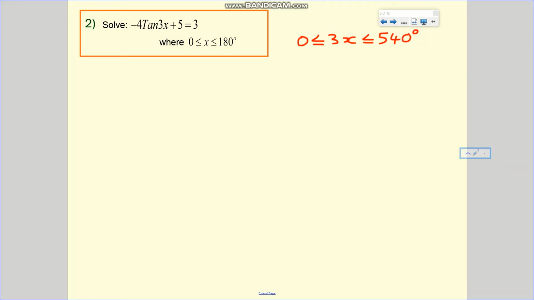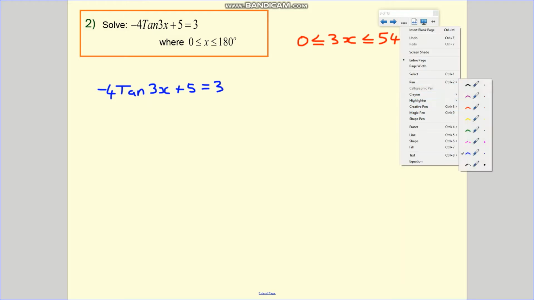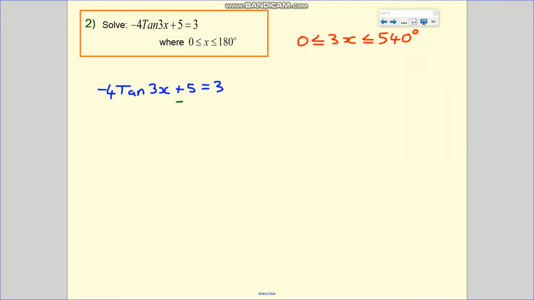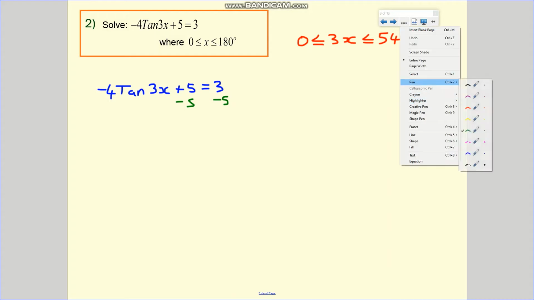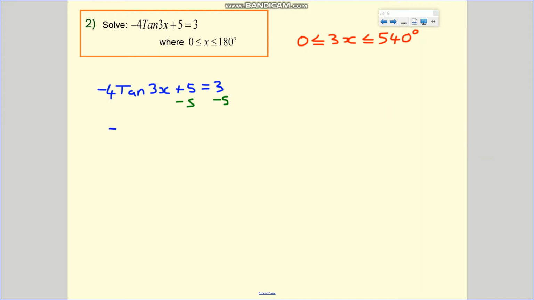Alright, the next thing I'm going to do is rearrange this equation so that we've just got tan 3x, as it is this time. So tan 3x plus 5 equals 3. Right, I'm going to take 5 from both sides. That will give me negative 4 tan 3x is equal to negative 2.